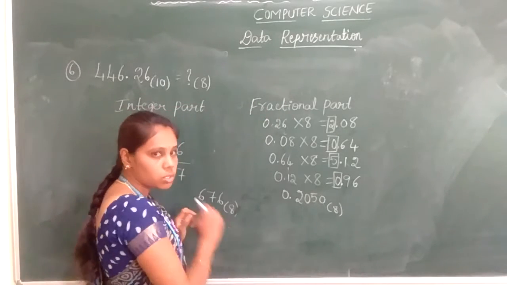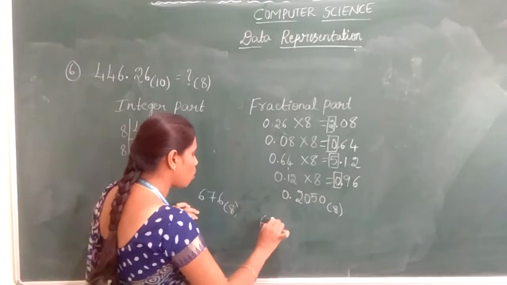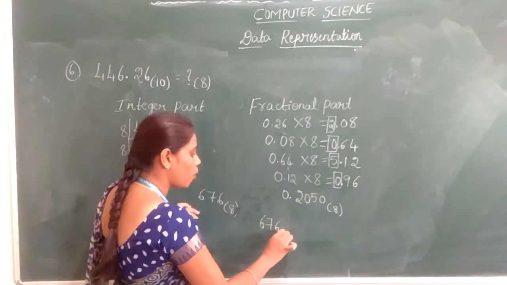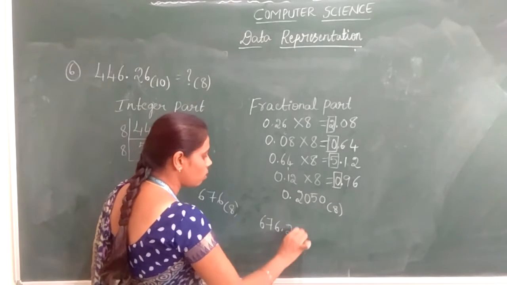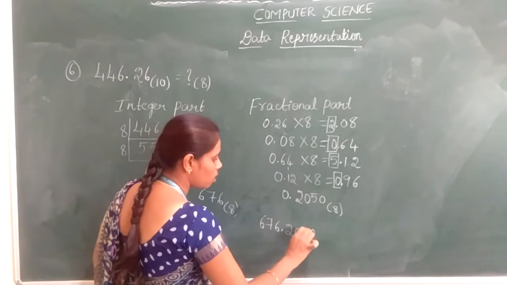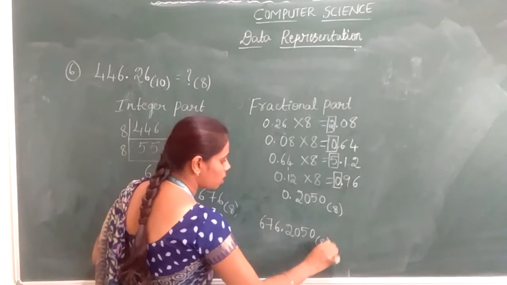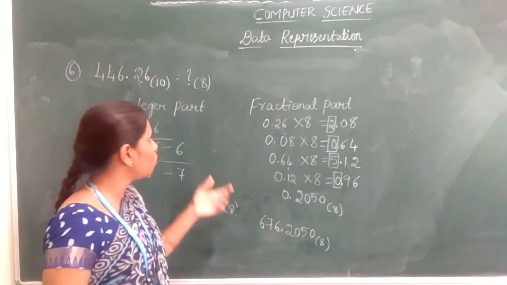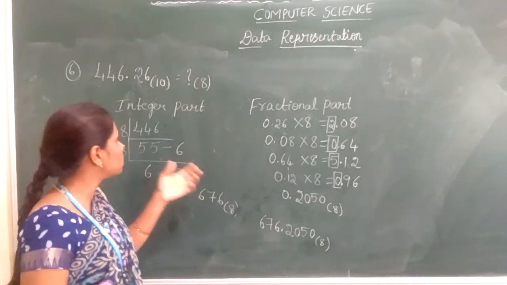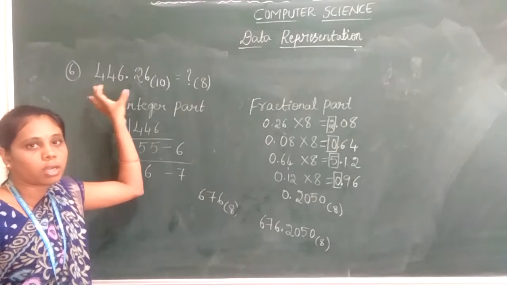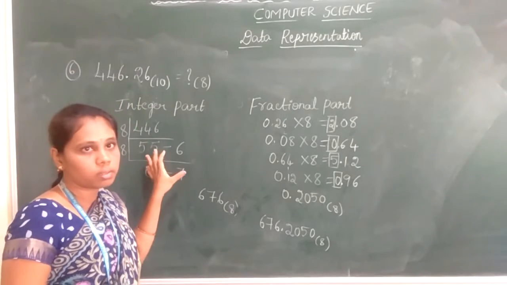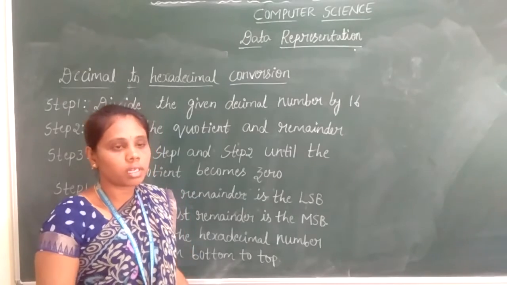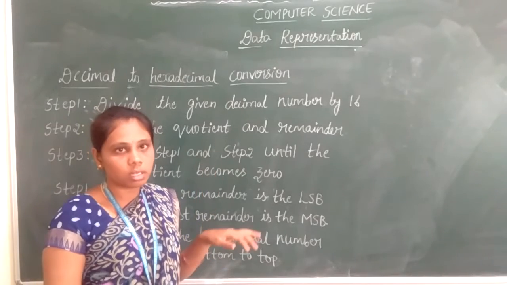Now combine these two together, that is 676.2050 base 8. So this is how we need to perform the conversion when we have both an integer part and a fractional part. That is about decimal to octal conversion.